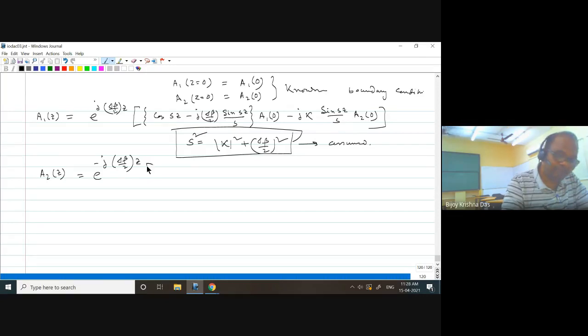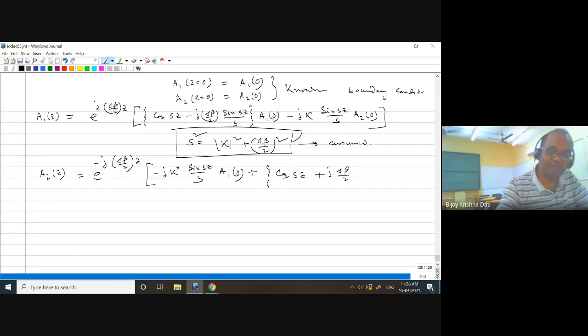And then here you have minus j kappa star sine sz by s, curly bracket of A10, plus cosine sz plus j delta beta by 2 sine sz by s, curly bracket of A20.